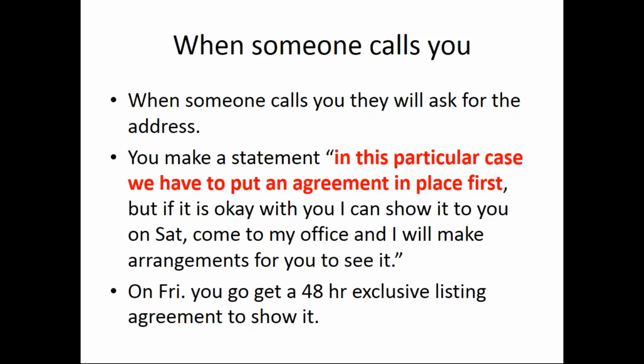And you can say, look, I've got a multi-million-dollar building that I can show you, but we're unable to get an agreement signed by the owner. So if you don't mind agreeing to pay me a commission, and a good example is a $2 million building that's, say, $2.1 million. What's the difference if you buy the building for 2.1 and then the owner pays me a $100,000 commission, or you buy it for $2 million and you pay me a $100,000 commission?